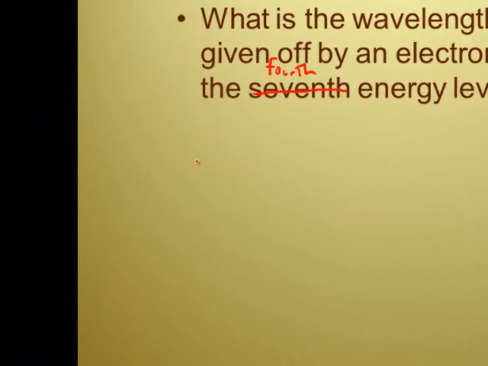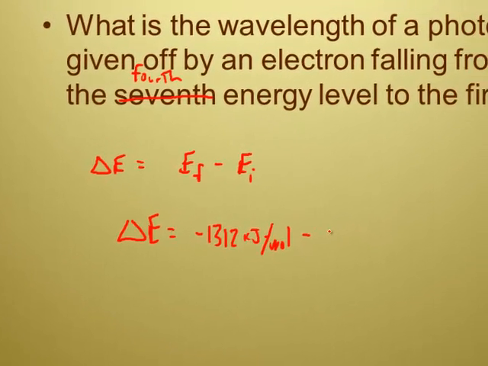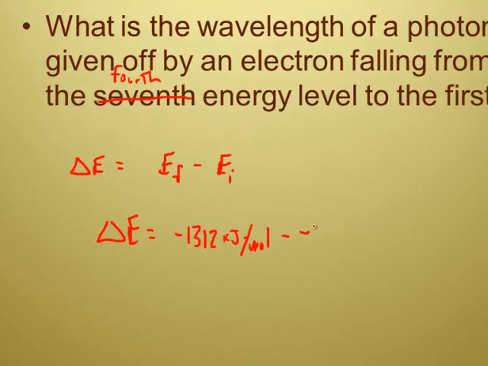The change in energy is equal to E final minus E initial. We calculated final being negative 1312 kilojoules per mole, and the initial was when it was in the fourth energy level, so that was negative 82 kilojoules per mole.